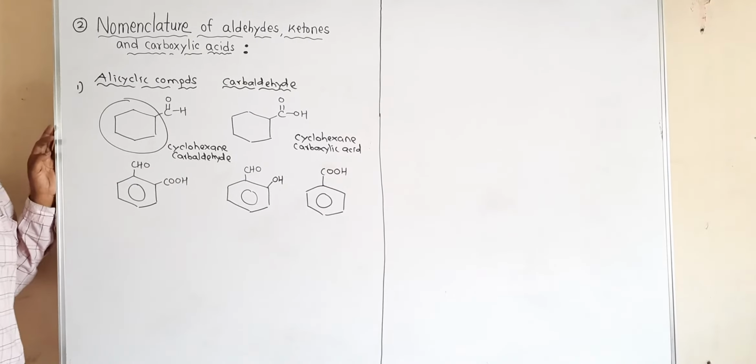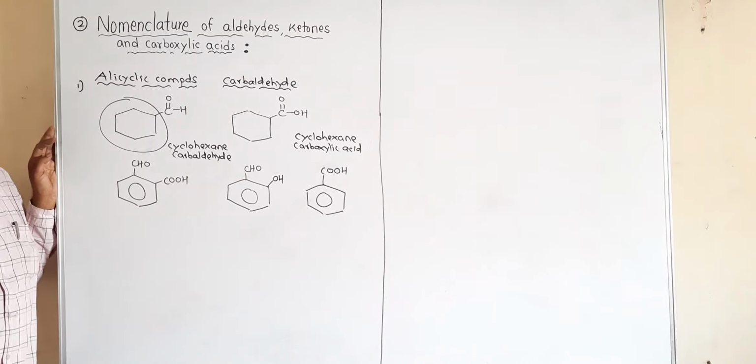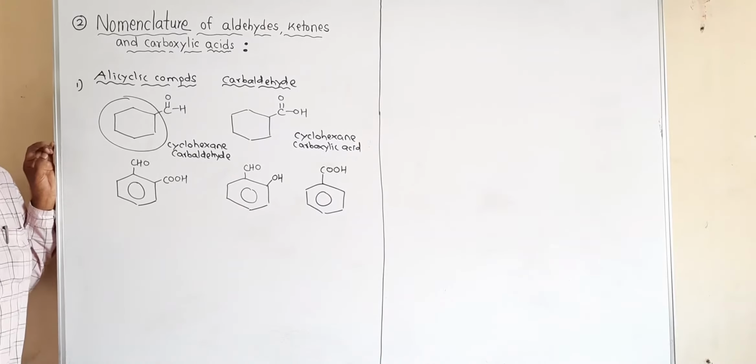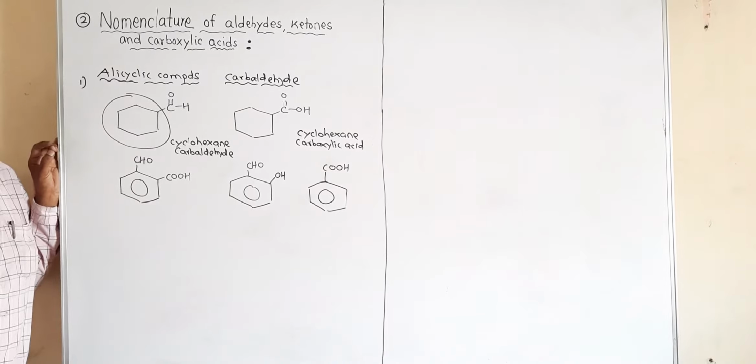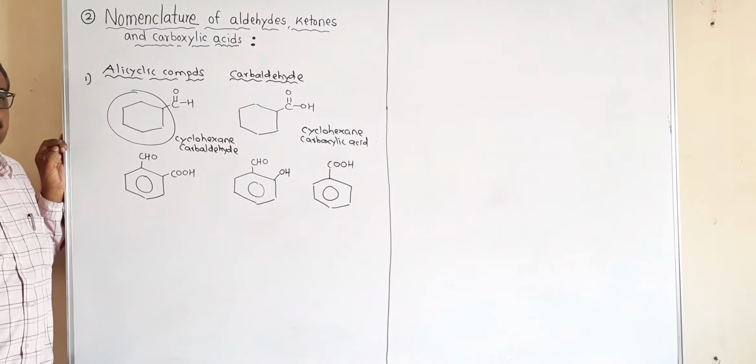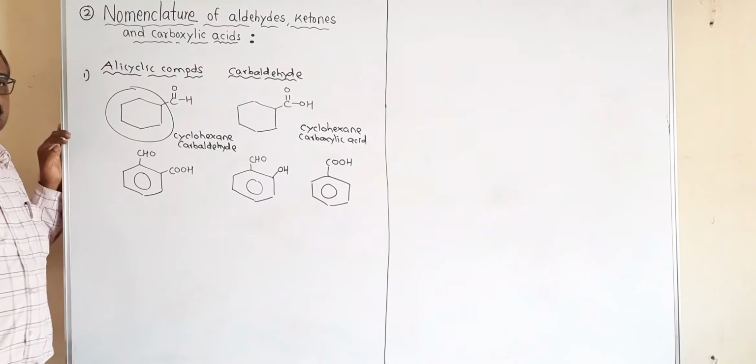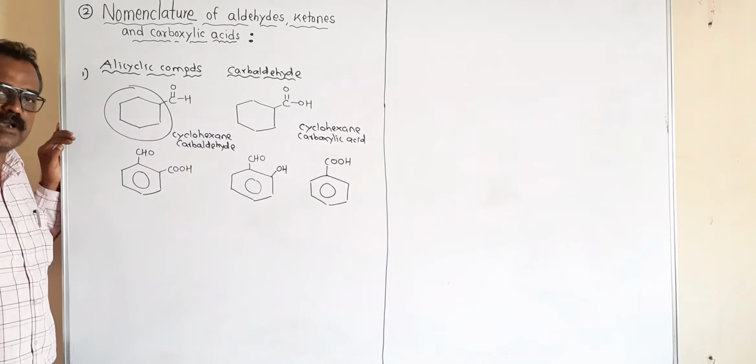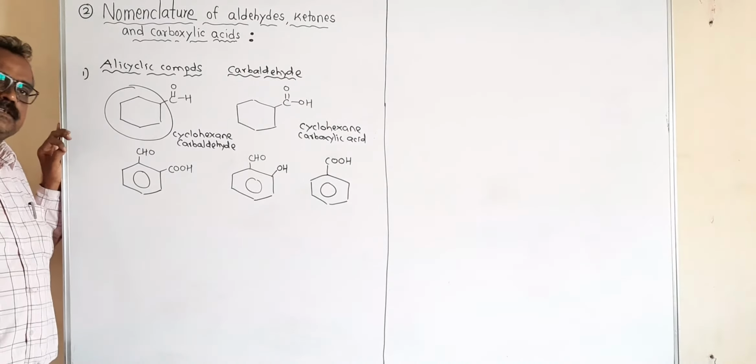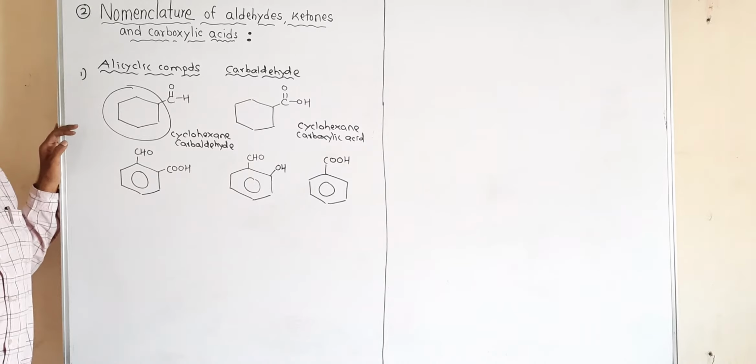And if there are two or more different functional groups present in the compound, then the functional group having higher priority is indicated by the lowest number, and the other group is named as a substituent.